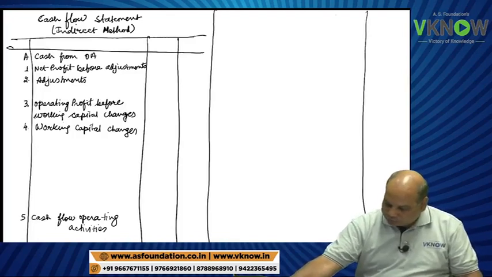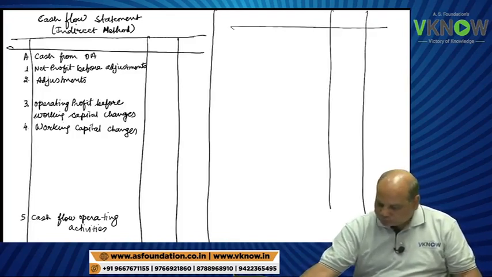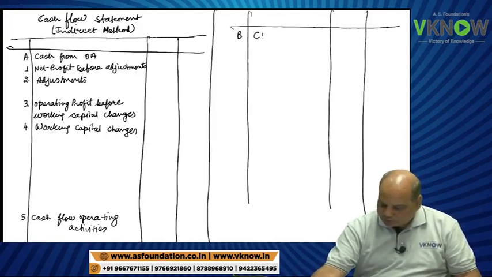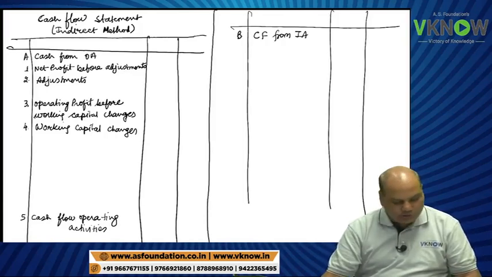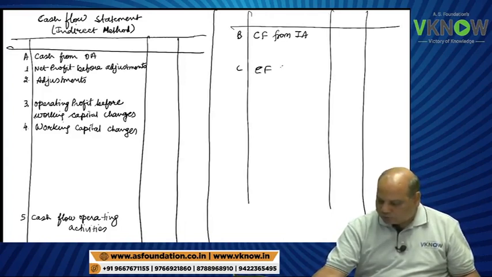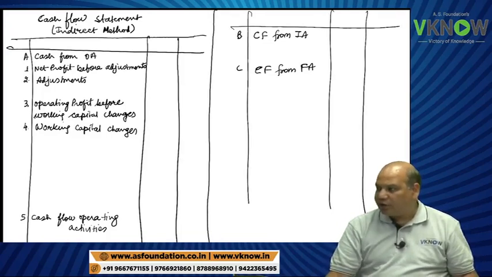Then write down point number B, cash flow from investing activities. Keep 2 lines blank. Cash flow from financing activities.